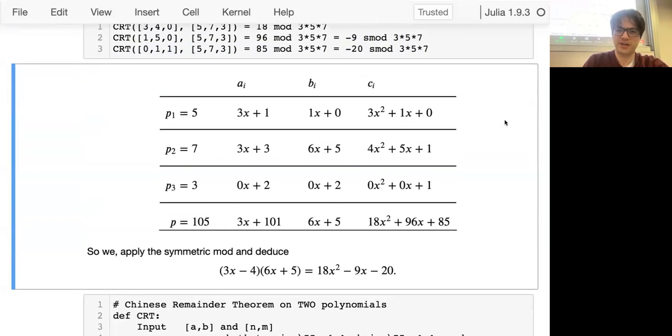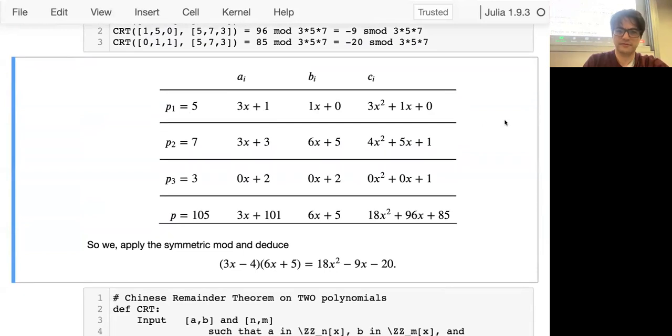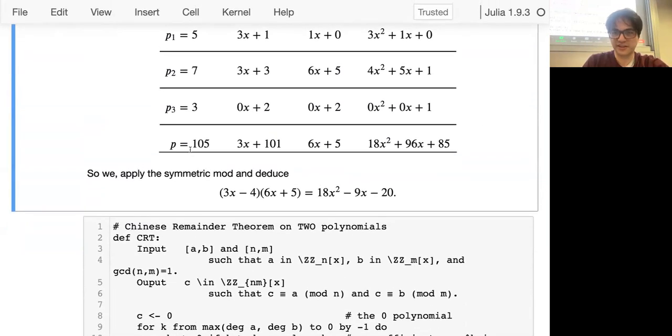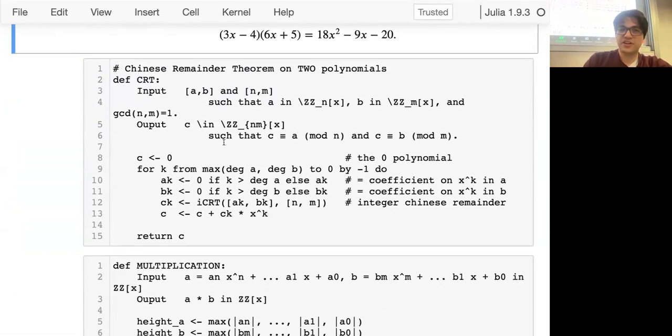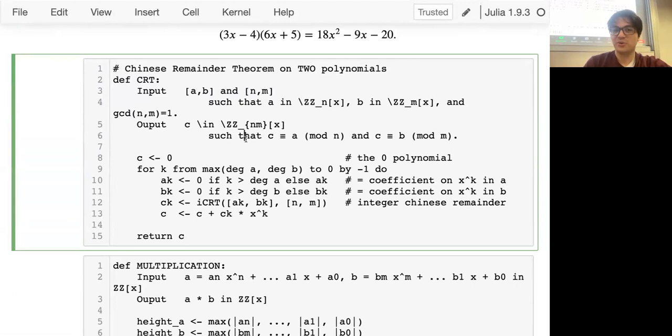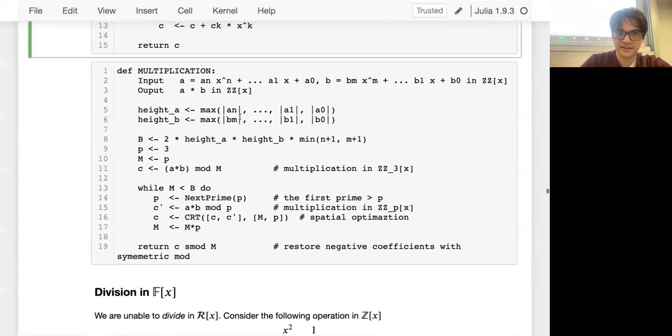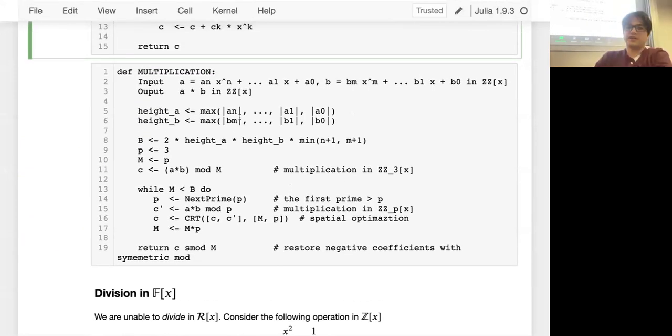I have another example here. It's just that I did another P for funsies. Okay, so here's the Chinese remainder theorem on 2 polynomials, a pseudocode for doing this. Here's how you multiply 2 polynomials using the Chinese remainder theorem technique.